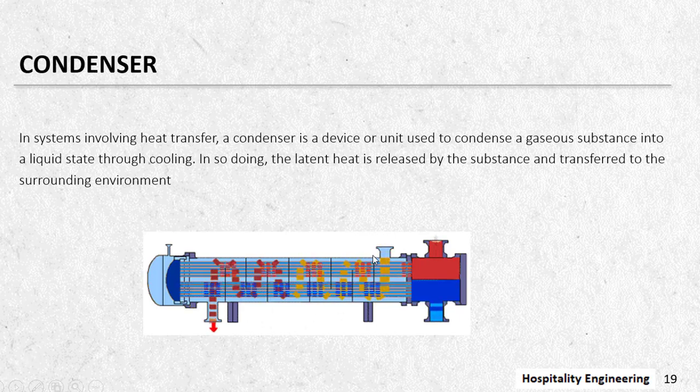Now we can see here on one side, this yellow, water is entering. Now the water gets heated, taking the heat from the refrigerant, and goes out. On the other side you can see refrigerant is coming inside and loses the heat to the water.